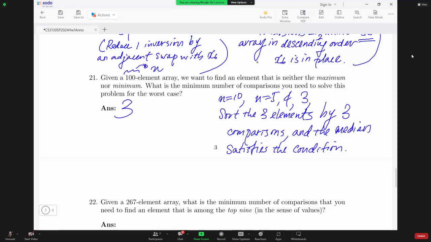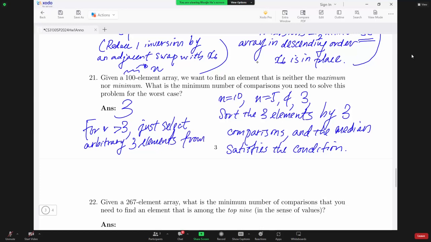So for n larger than 3, you just select arbitrary 3 elements from the array. That would work. Then find the median, so that median cannot be the maximum, cannot be the minimum.